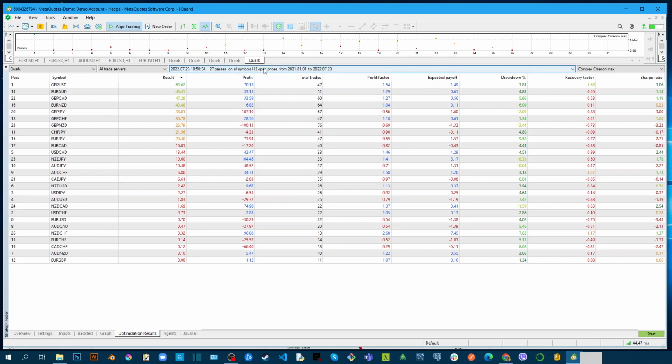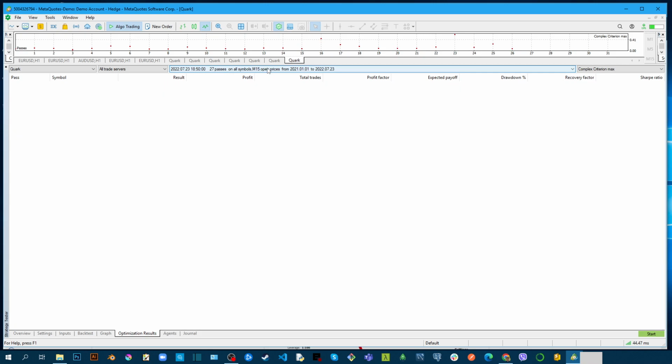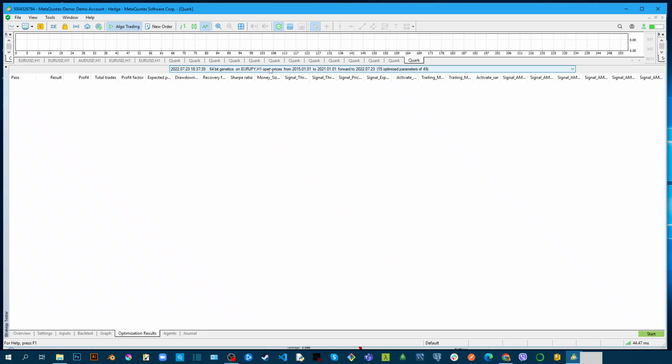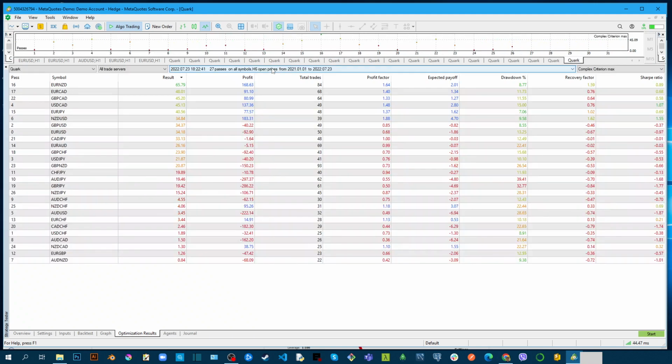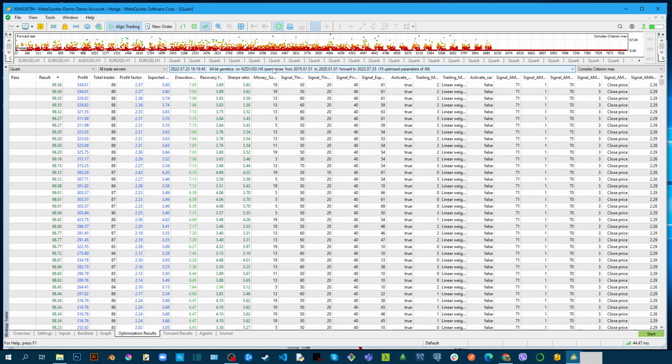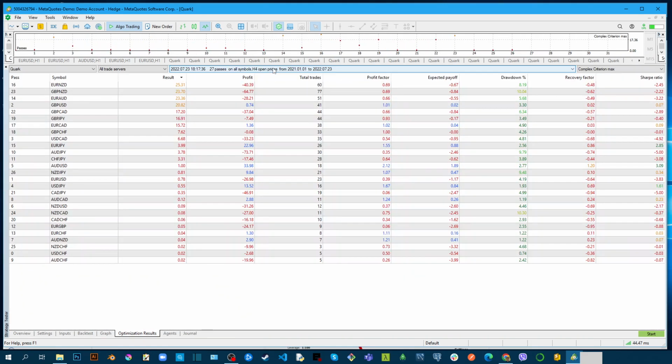So as you can see here, there is a lot of testing. So just a second to find some nice testing data. I think I have pretty nice optimization for some currency pairs.